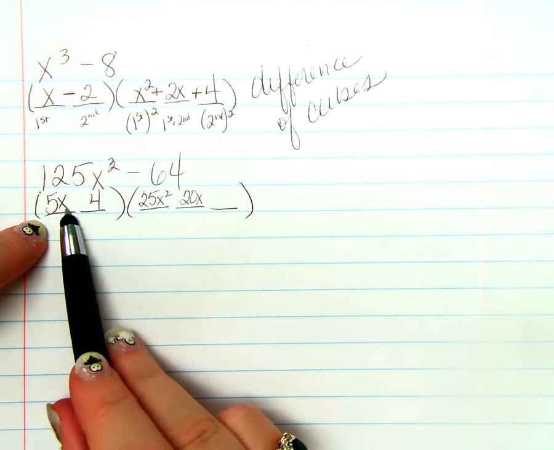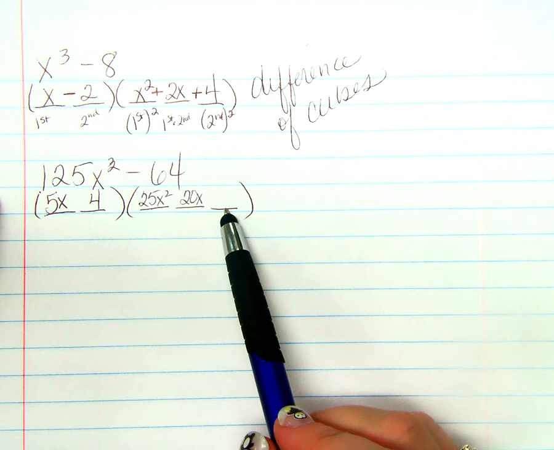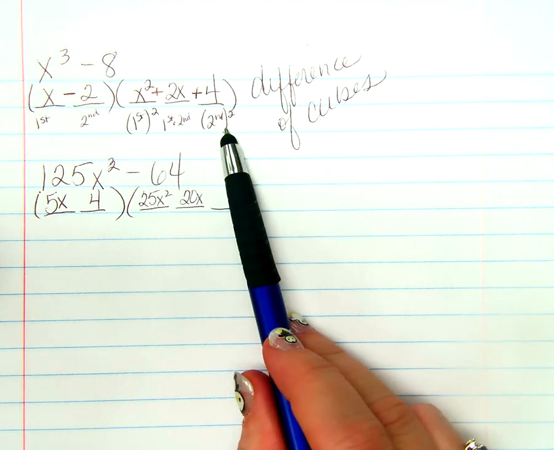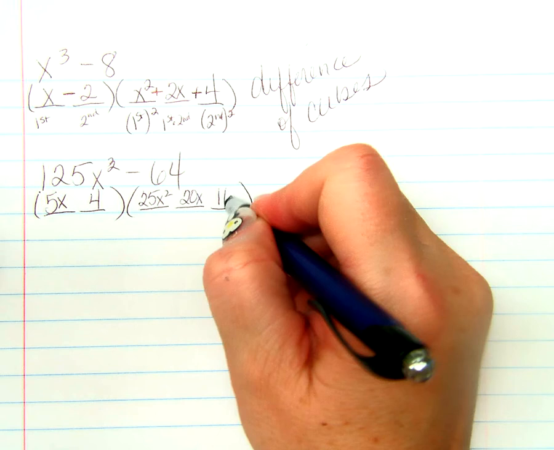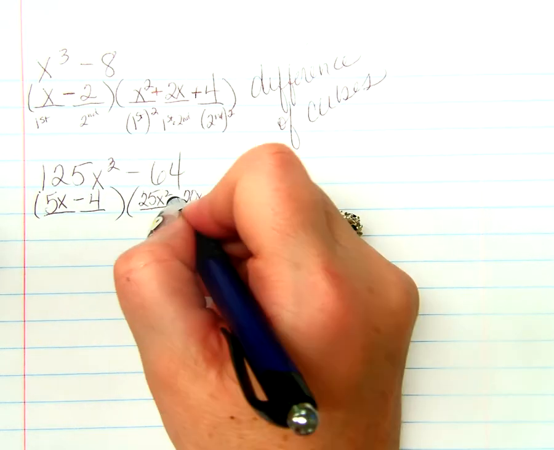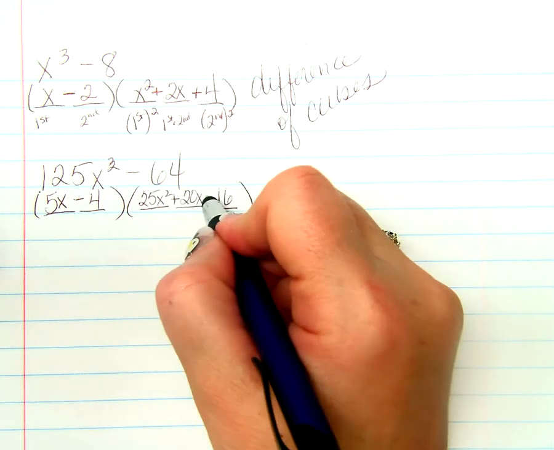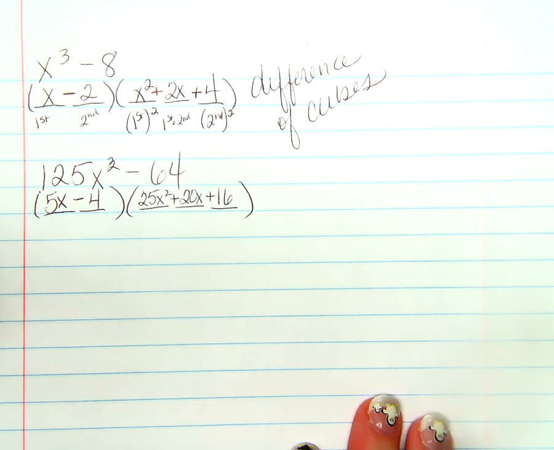It's just 5x times 4, so it's 20x, right? Okay? And what about the last term of the trinomial? 16. Very good. So what's missing? The signs. Man, you guys, so in the problem it's a minus, the next one's opposite, the next one's plus, right? You guys got that really fast.